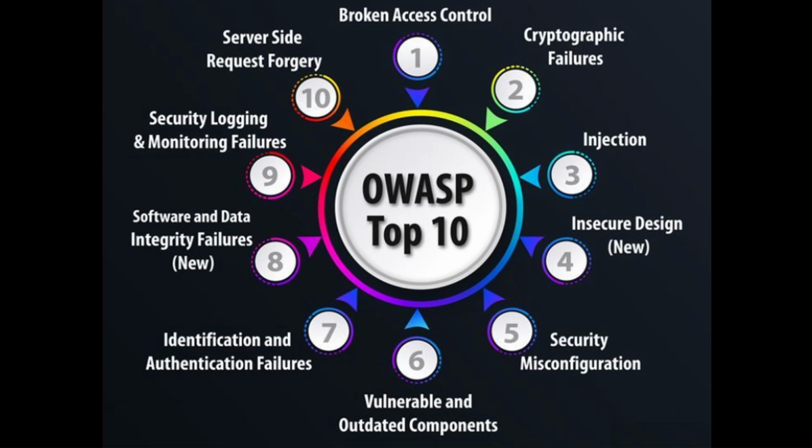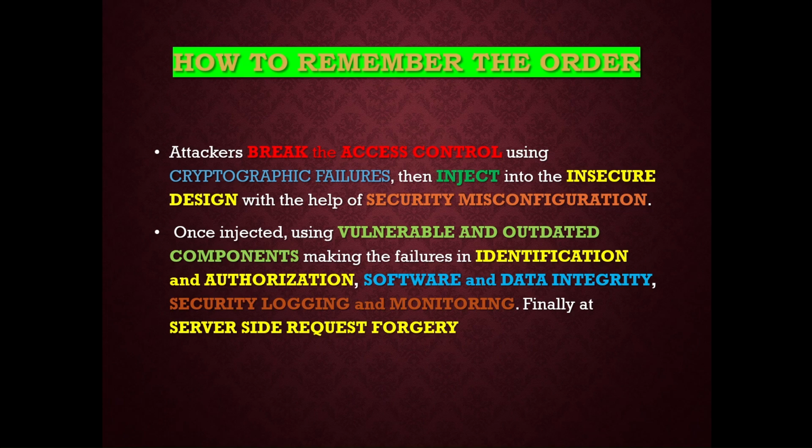To remember the security vulnerabilities in the proper order, I have created a sentence. If you memorize or read this sentence, you will be able to order the top 10 issues. Attackers break the access control using cryptographic failures. Once they do, they will inject into the insecure design with the help of security misconfiguration.